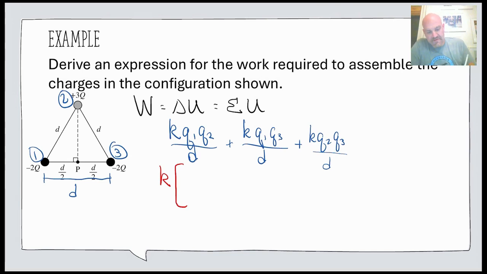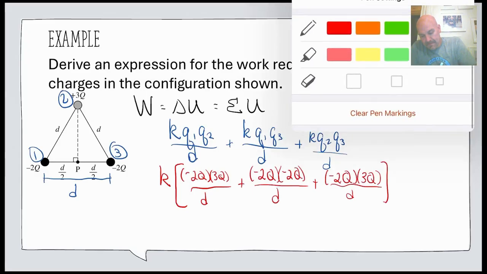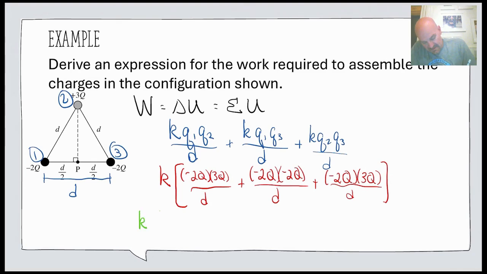For charges 1 and 2, it's negative 2Q times positive 3Q over D, plus, for 1 and 3, two negatives, so negative 2Q times negative 2Q over D, plus another, 2 and 3, negative 2Q times positive 3Q over D. Now we simplify.